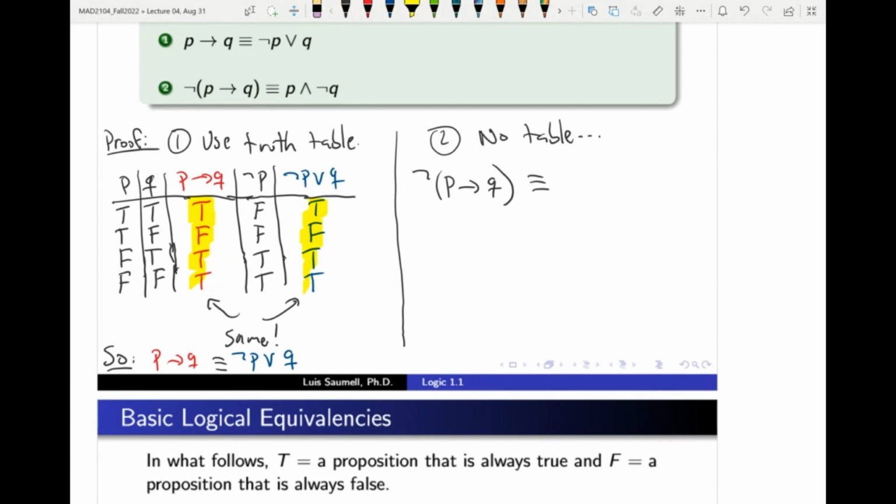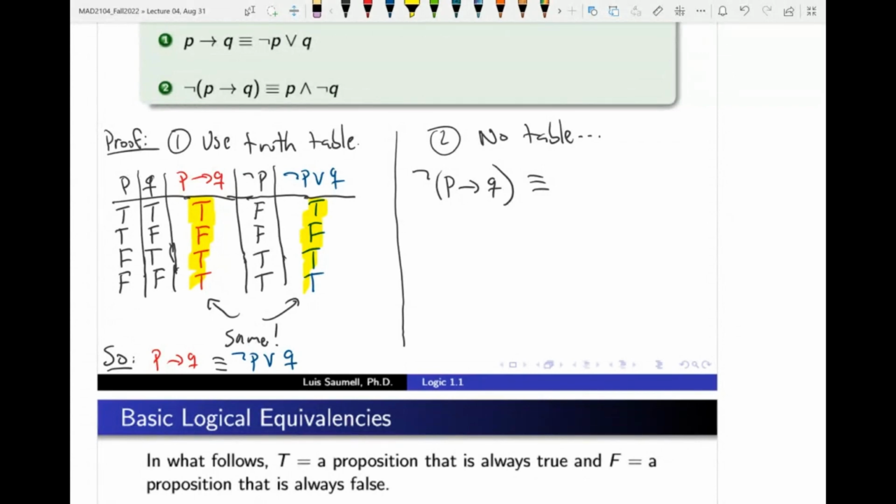The first thing is, we have here the negation of P implies Q. I don't know how to negate this, which is what we were trying to prove, but I know how to negate or and and statements, right? It's De Morgan's law. So if instead of this I had an or, I could then do something else. So question: can we write this as either or and? Yes, we can. That's exactly what we just did.